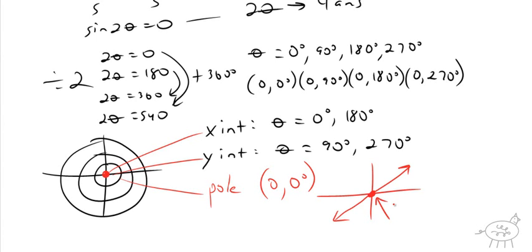So this is the deal. If it's a pole, it's also an x-intercept and a y-intercept. Okay? So if I'm asking you for an x-intercept, you always definitely do a 0 degrees and 180 degrees. Because that's what an x-intercept is. It's the 0 degrees and it's 180 degrees. But it's also this point right here. It's also the pole. So keep that in mind.